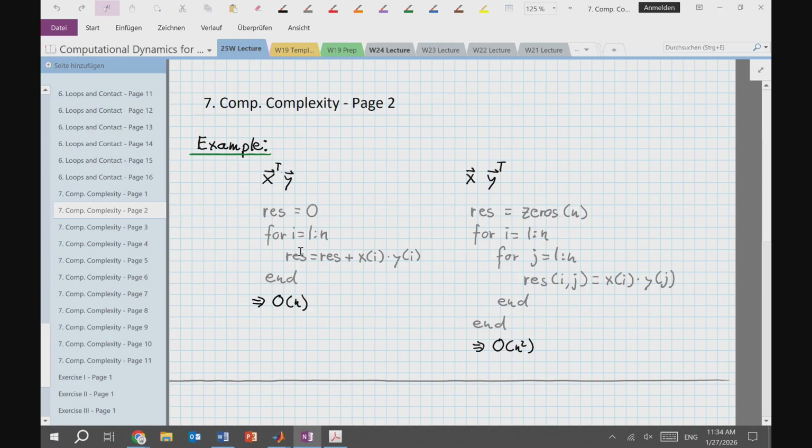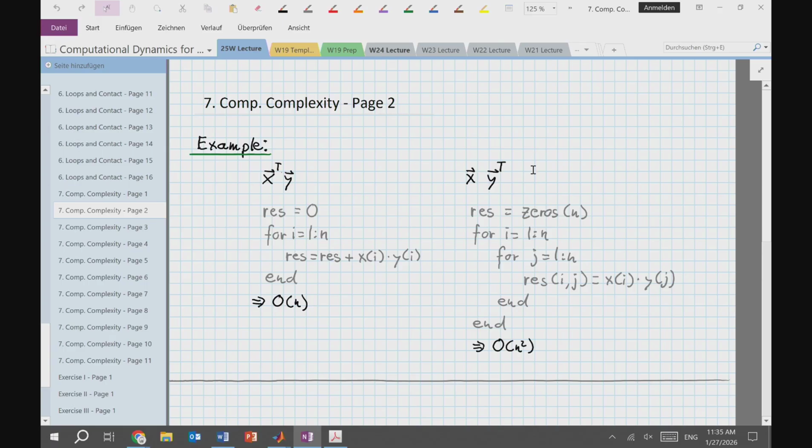If I count the total number of operations, of course I have to initialize, and I have to initialize the for loop, and there are things that I only do once, but there's this big chunk that I do n times, and of course if I double n, then I have to do this twice as many times, and this is what dominates my scaling.